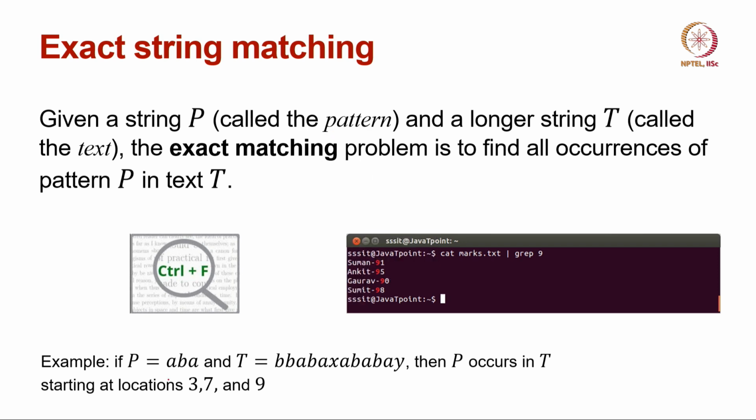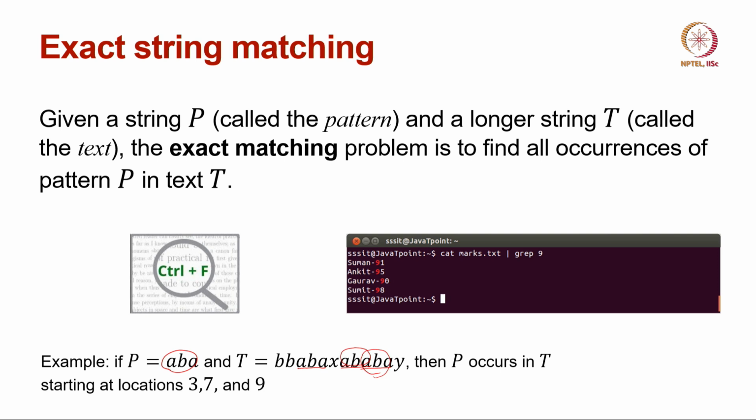So the pattern occurs at position number 3, position number 7 and position number 9. Note that two occurrences can also overlap. For example, this particular occurrence of ABA is overlapping with this particular occurrence of ABA.